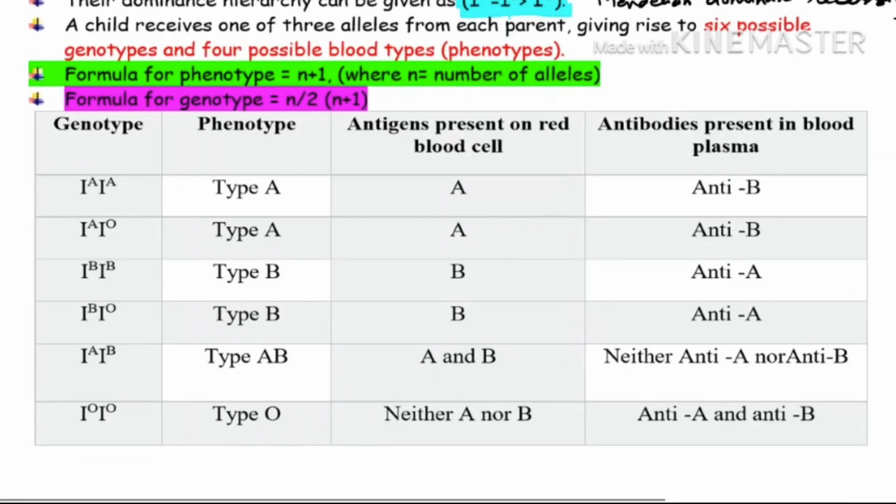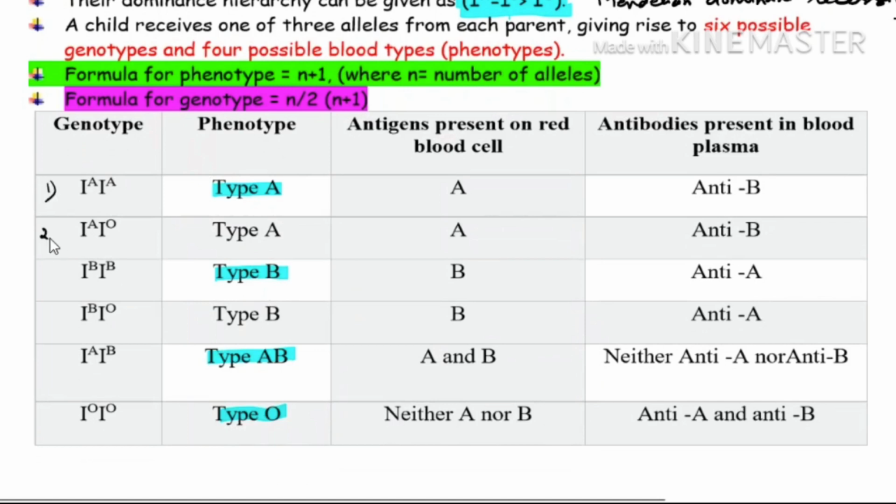I've made this map. So different types of blood groups are there. In total 4 phenotypes are there: type A, type B, type AB and type O phenotype. But genotypes are total 6 in number.